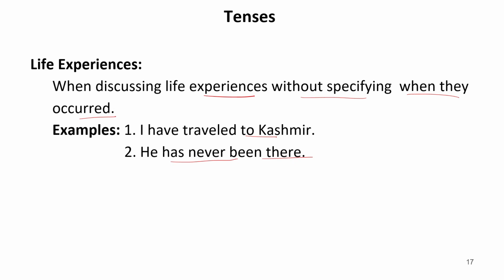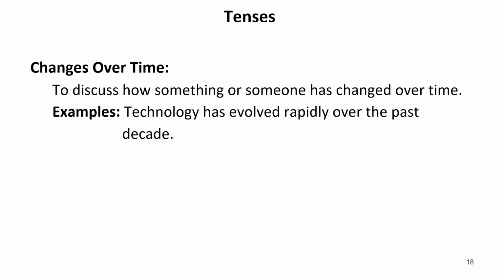It never happened in his life. So these types of sentences, which specify the experiences, the actions that have taken place in one's life, are to be written in present perfect tense.